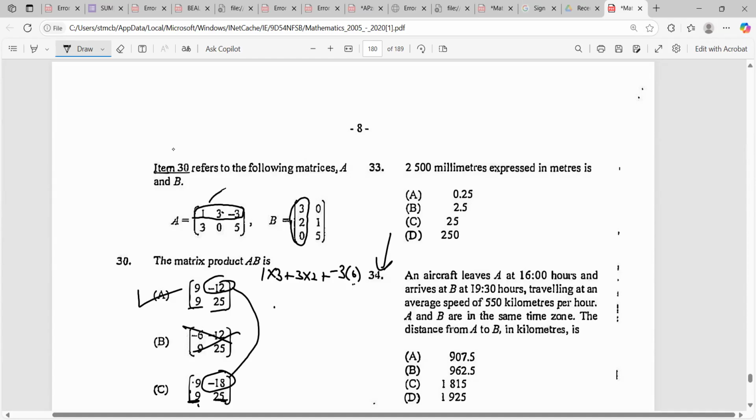So for the one on the right, this times this. So 1 times 0 is 0, 3 times 1, and then negative 3 times 5. So 0 times 0 is 0, 3 ones are 3, 3 fives are 15.